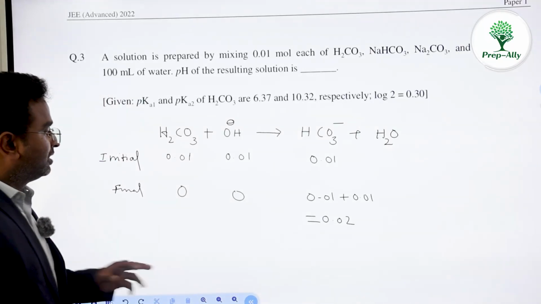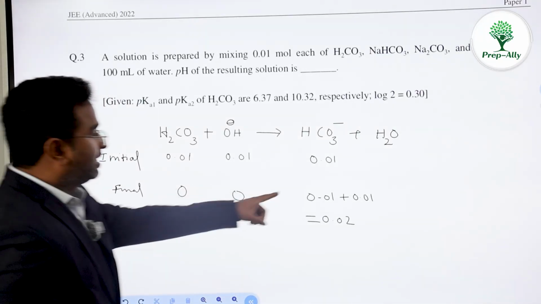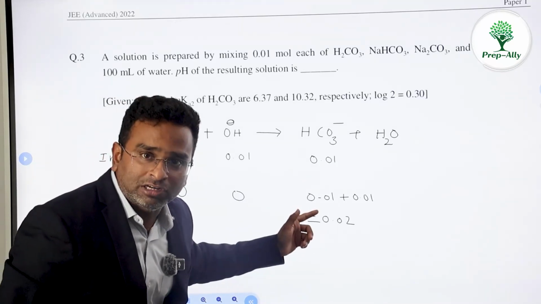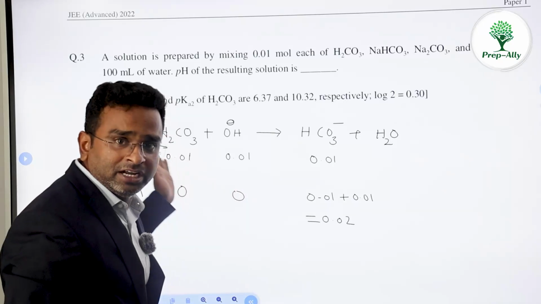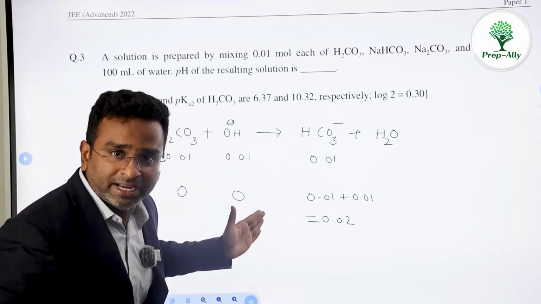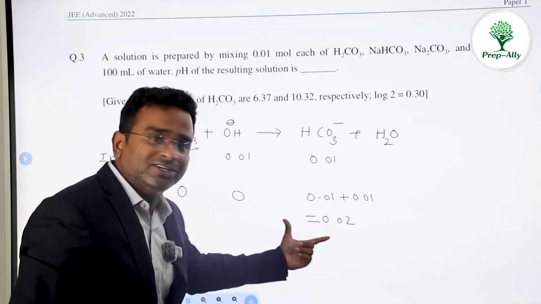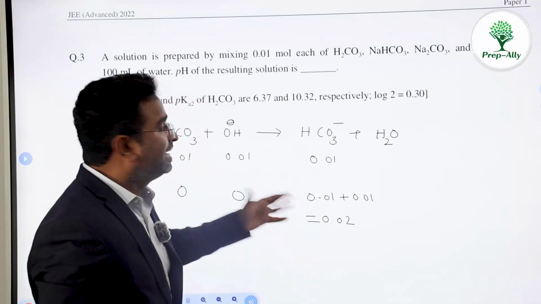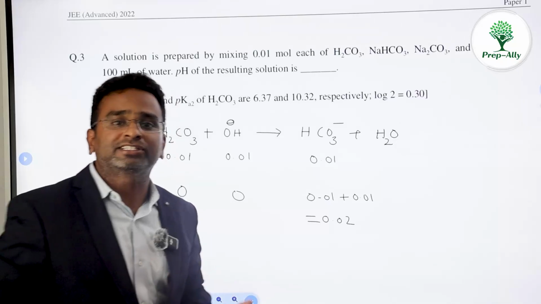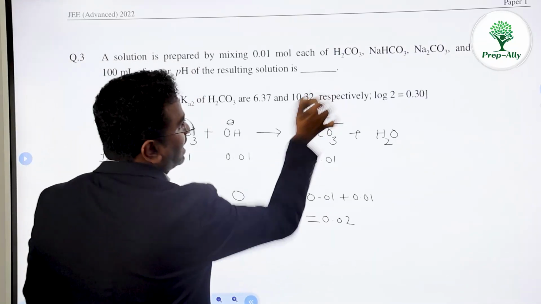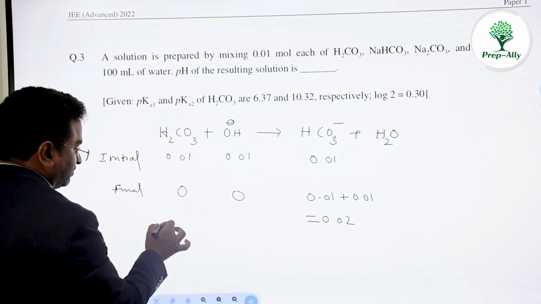HCO3- originally given is 0.01 moles; after the reaction between H2CO3 and OH- it formed another 0.01 mole, put together a total of 0.02 moles. In addition to that, what is the other species we are left with? CO3 2-.